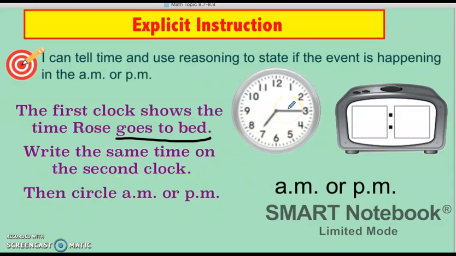So let's take a look what time this says. Now, without counting by fives, just by looking at the 3, what would that be? Would that be 15 past the hour, half past the hour, or 45 minutes past the hour? I'm going to give you guys a second to think about that.